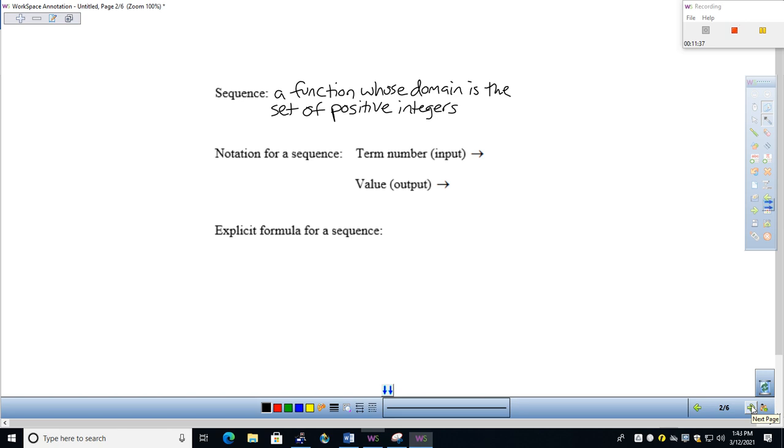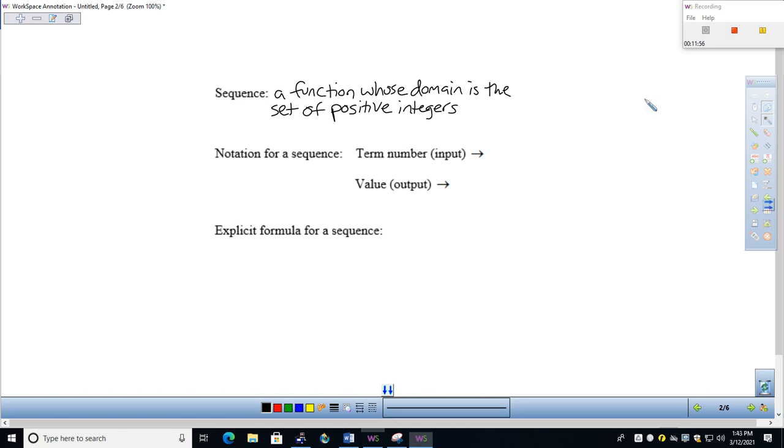Now what's interesting about the idea of a sequence compared to all the other functions that we've been looking at over the course of the year is that we've been looking primarily at what are called continuous functions. Y in terms of x, you'd graph it on the coordinate plane, and you would be able to draw the continuous graph. Okay?